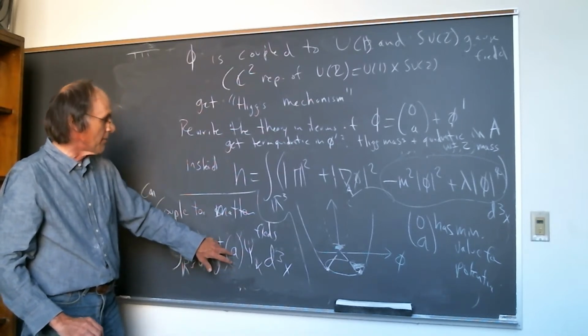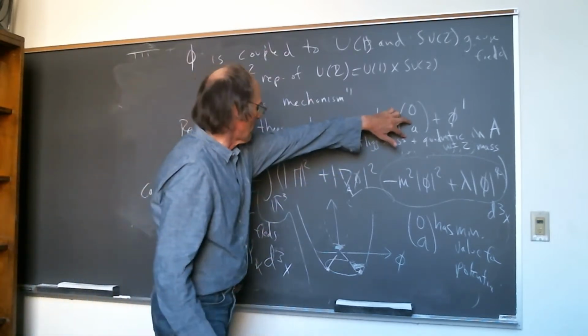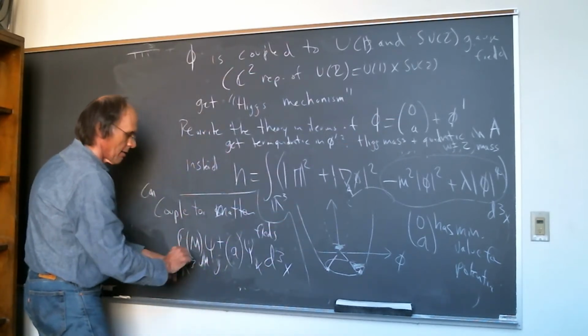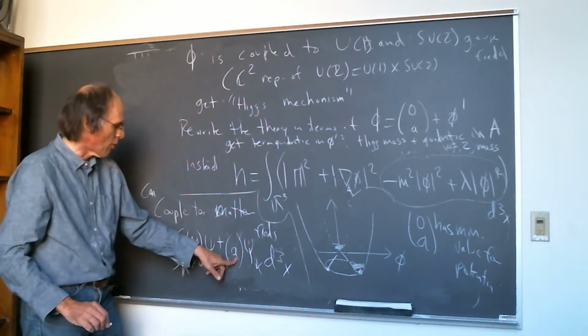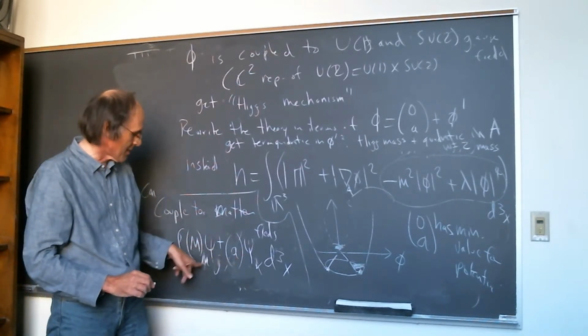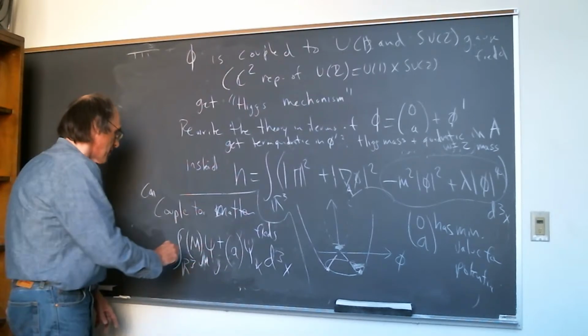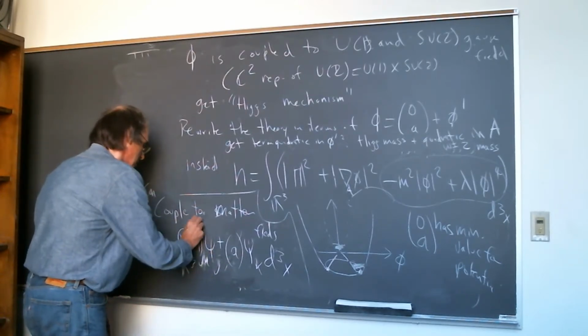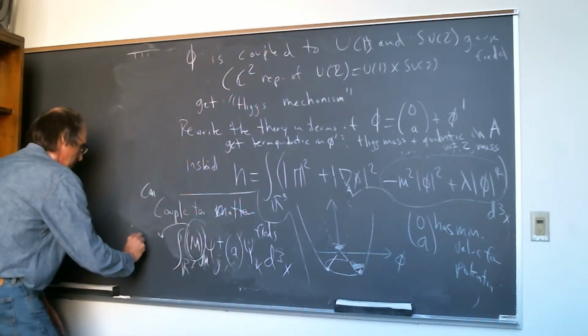Then there's a guy like this who comes from here, and then there's some kind of matrix coming from here. So there's some kind of overall scale here which sets the size of these terms. But then there's this guy which is, I would say, a kind of a big mystery.